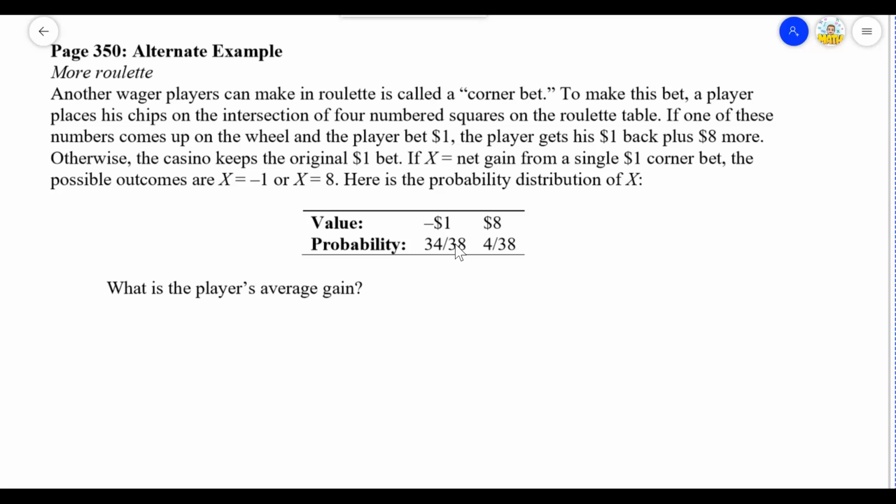It's a special bet. The most common bet in roulette is just to bet a color or an even or an odd number, which is close to 50%, but it's just a little bit less. If you look at the roulette wheel, you have 18 even numbers, 18 odd numbers. You also have 18 red numbers, 18 black numbers, but there's 38 spots.